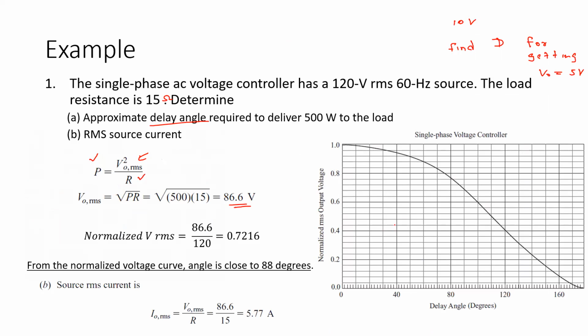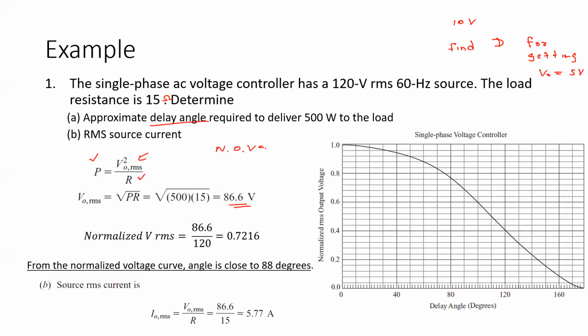What we are going to do is refer to the normalized output voltage curve. This is a standard curve for every phase angle controller. Now we have to find the normalized output voltage. It is very simple.